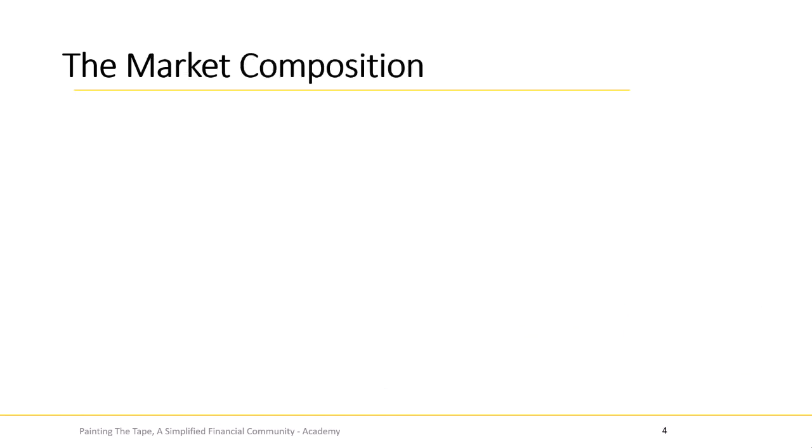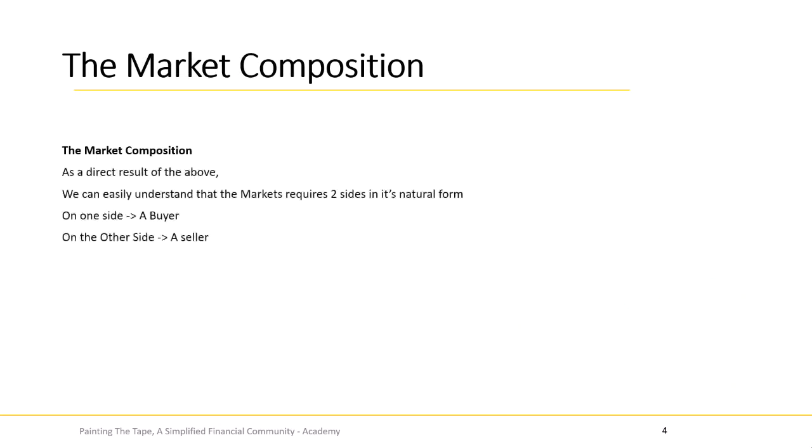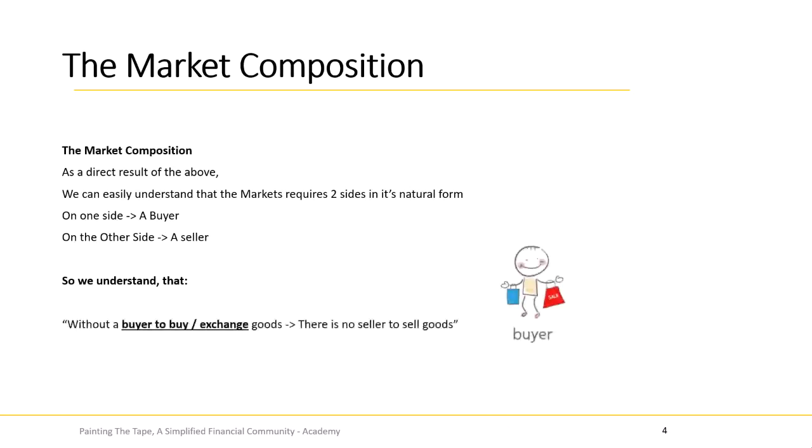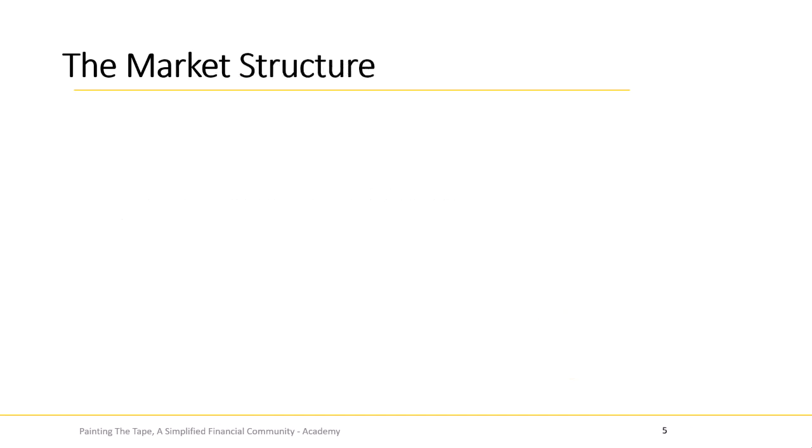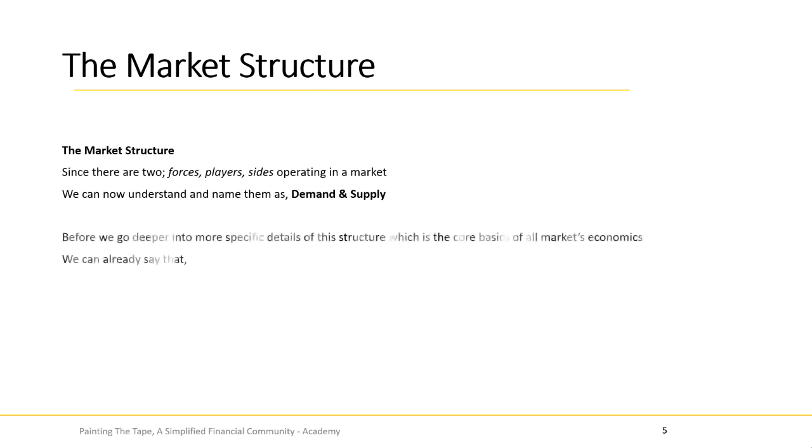If we're talking about the market composition, we already understood that there are two sides to this matrix, the buyer and the seller. There is no market if there is no buyer to exchange goods, and there is no market if there is no seller. So the market principle is having two sides of the coin. Now, the market structure, in economic terminology, is demand and supply.